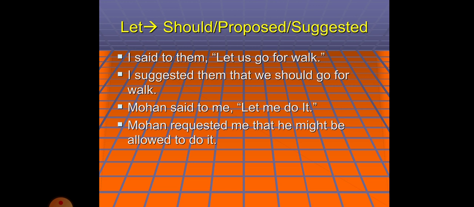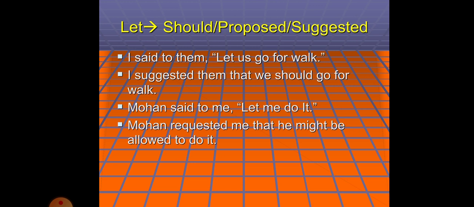Next are the sentences with let. Whenever you have a sentence with let, you will use should, proposed, or suggested. It will depend upon the kind of sentence where you use should, proposed, suggested, etc. I said to them, let us go for a walk. I suggested to them that we should go for a walk.